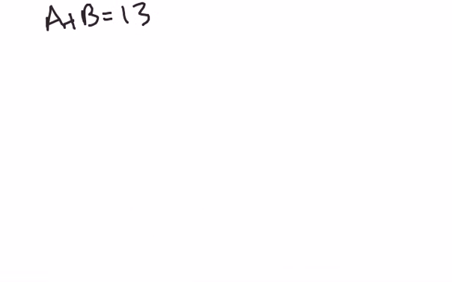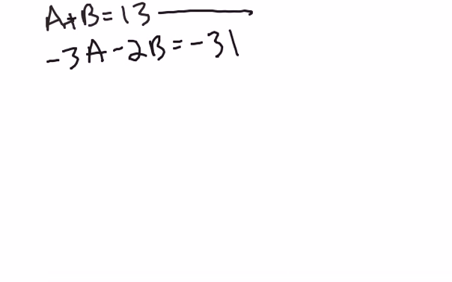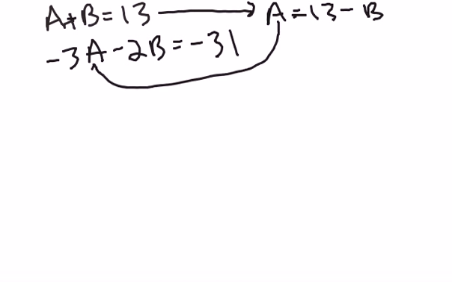So that is the other part of our system here. Negative 3a minus 2b is equal to negative 31. So here I'm going to write a equals 13 minus b. There's a few ways you can do this, so this isn't the only way. And take this a and put it in for that a.